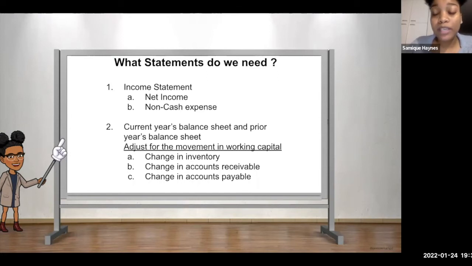So we're going to be looking at the change in inventory, change in accounts receivable, those are all current assets, and the change in accounts payable, that is a current liability. So these are the things that we're going to need. Now I'm going to explain to you really soon what we use them for. How do we use this in order to produce a cash flow statement?